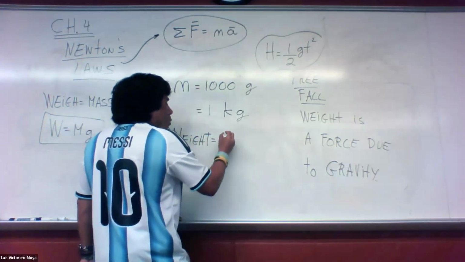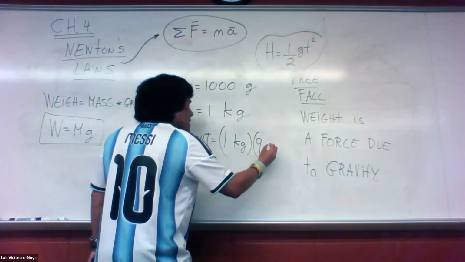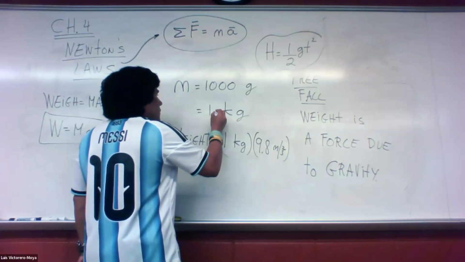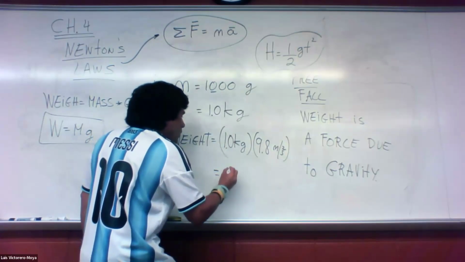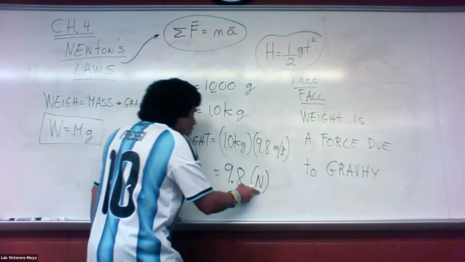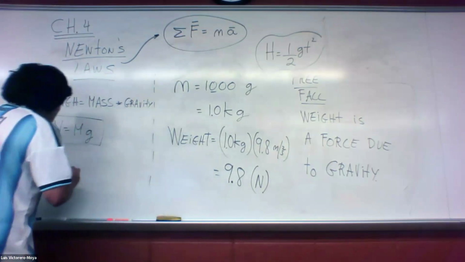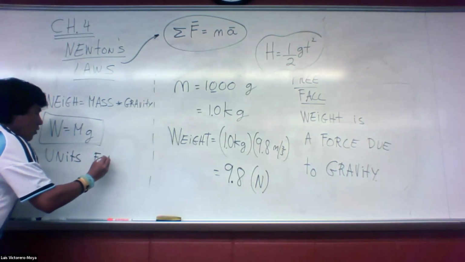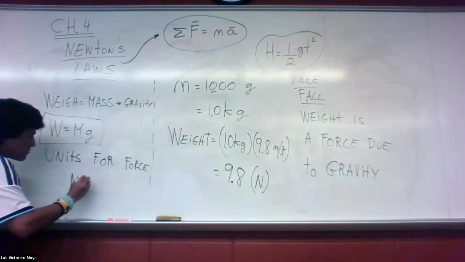Its weight will be 1 kilogram times gravity, 9.8 meters per second squared. You know what this gives you? So this will give you 9.8 newtons. Newtons is the unit for weight, thus the unit for force. So the units for force are newtons. Well, it makes sense, right?